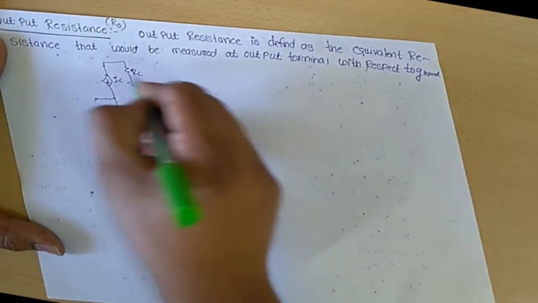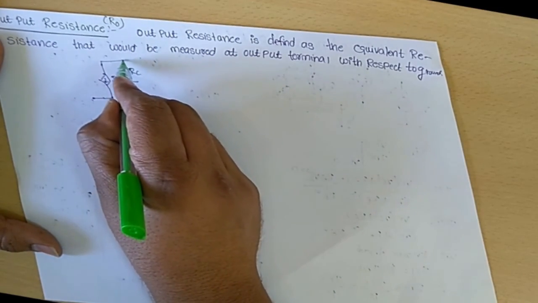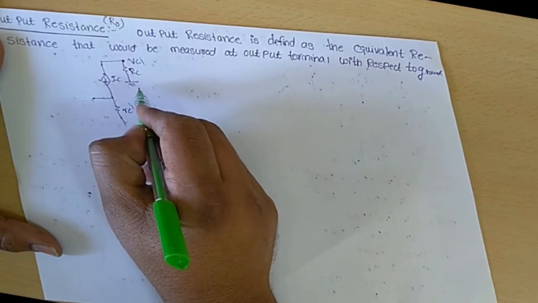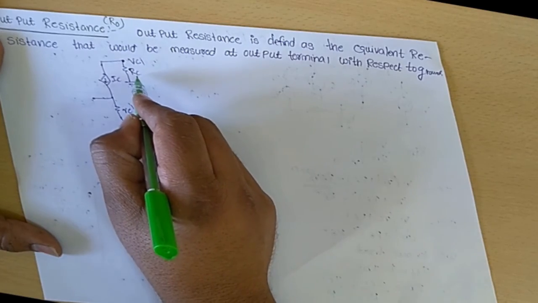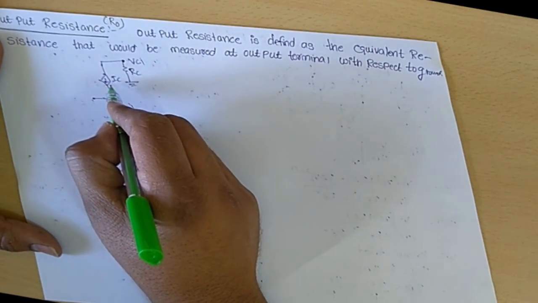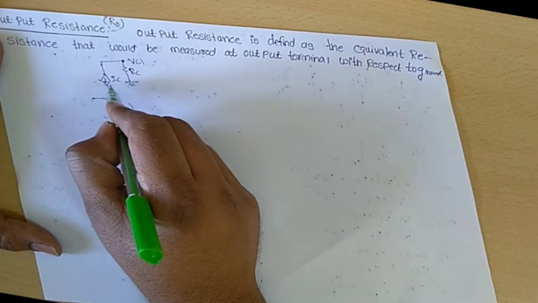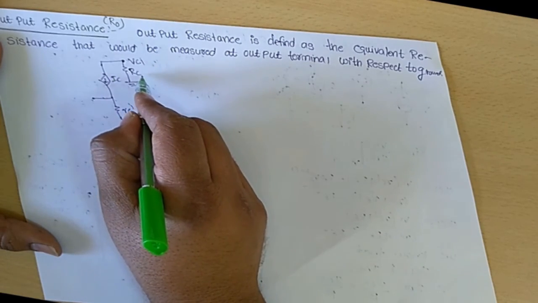Okay, so with respect to this equivalent circuit, here we consider the VC1. Okay, and here it has the collector resistance RC, and parallelly we have the dependent current source. Okay, this dependent current source offers a much higher resistance. Compared to this high resistance, this RC value is very small.